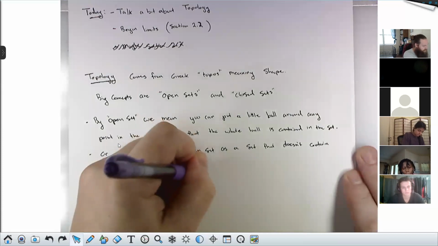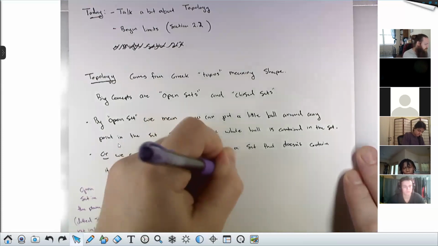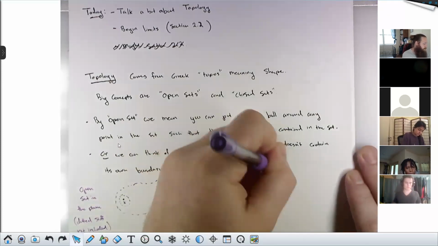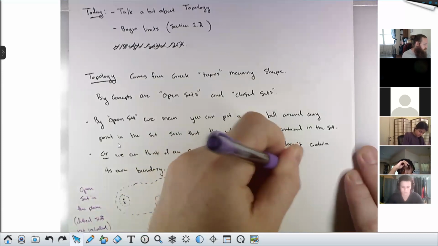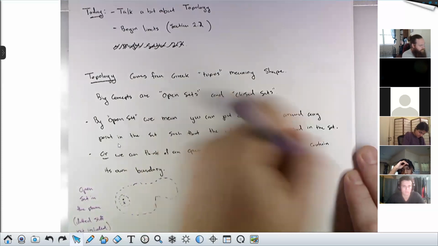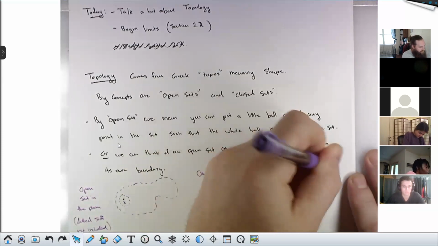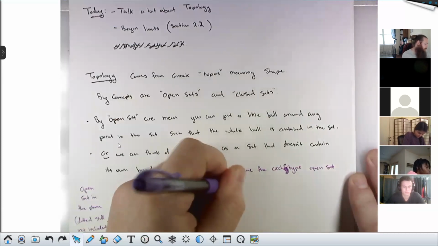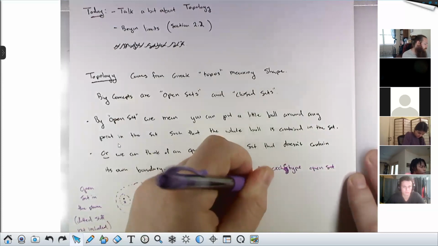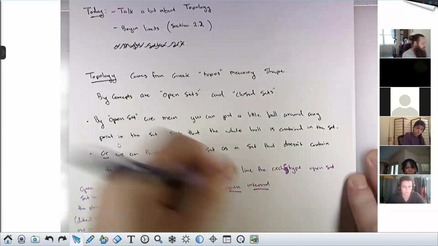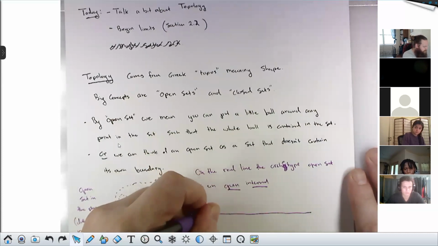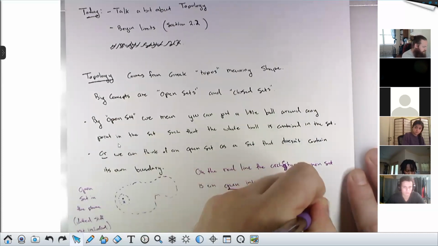On the real line, the archetype of an open set is an open interval. So let me draw for you an open interval.